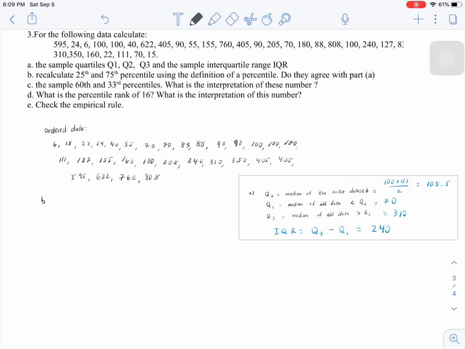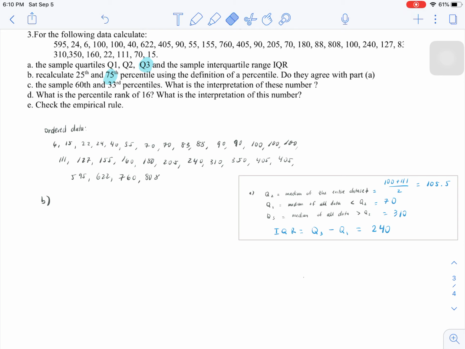Part B wants us to calculate the 25th and 75th percentiles. If you notice, 25 is 1/4, so it's equivalent to our first quartile. It's everything in the first quarter. The 75th percentile is the boundary of the first 3/4 of my data set, so everything 3/4 and below.